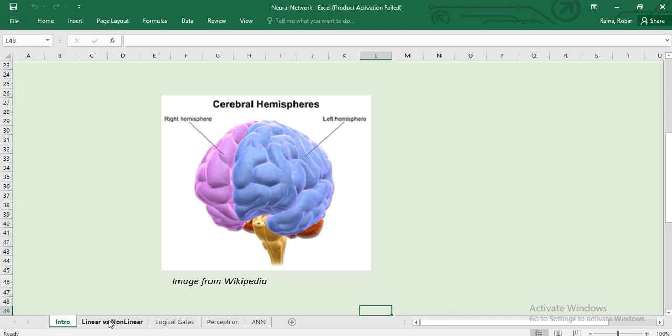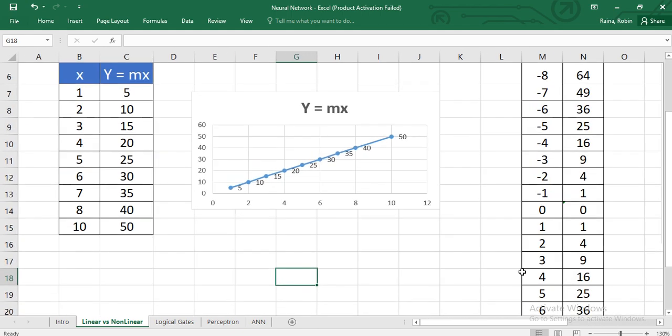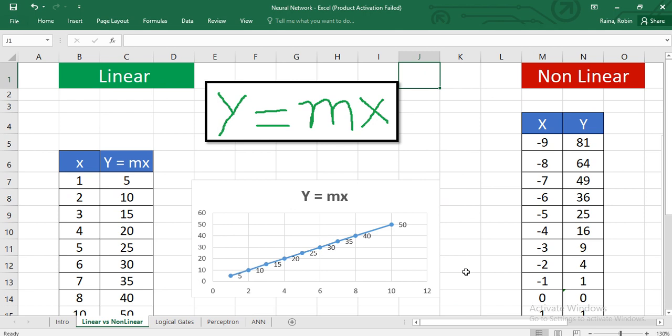Any person who is starting the journey for AI should also know the basic building blocks from a mathematics perspective. Let me zoom in so that it is clearly visible. It is very important to understand the concept you might have learned in your school days, linear versus non-linear.